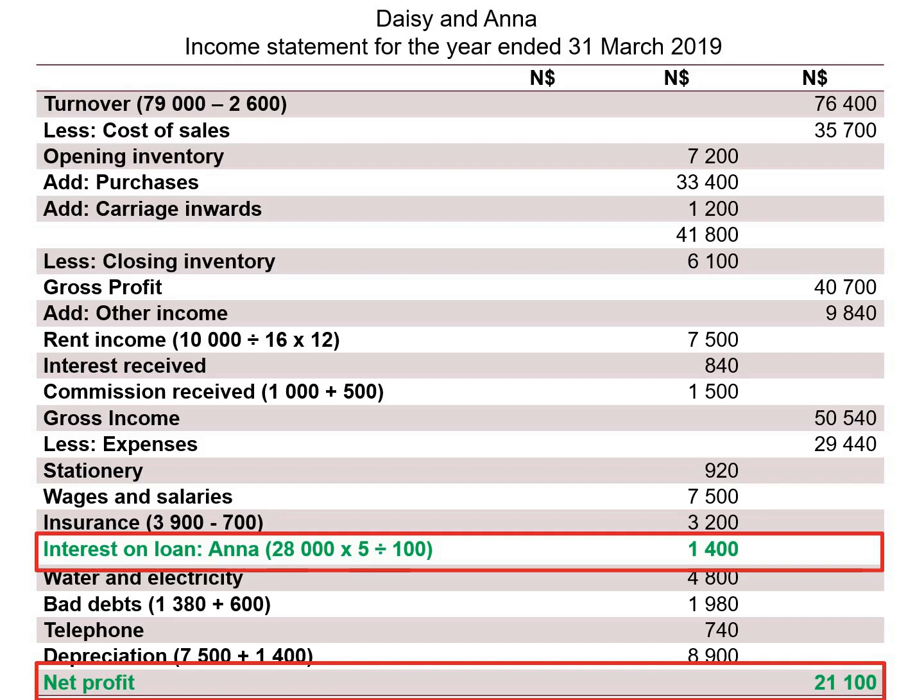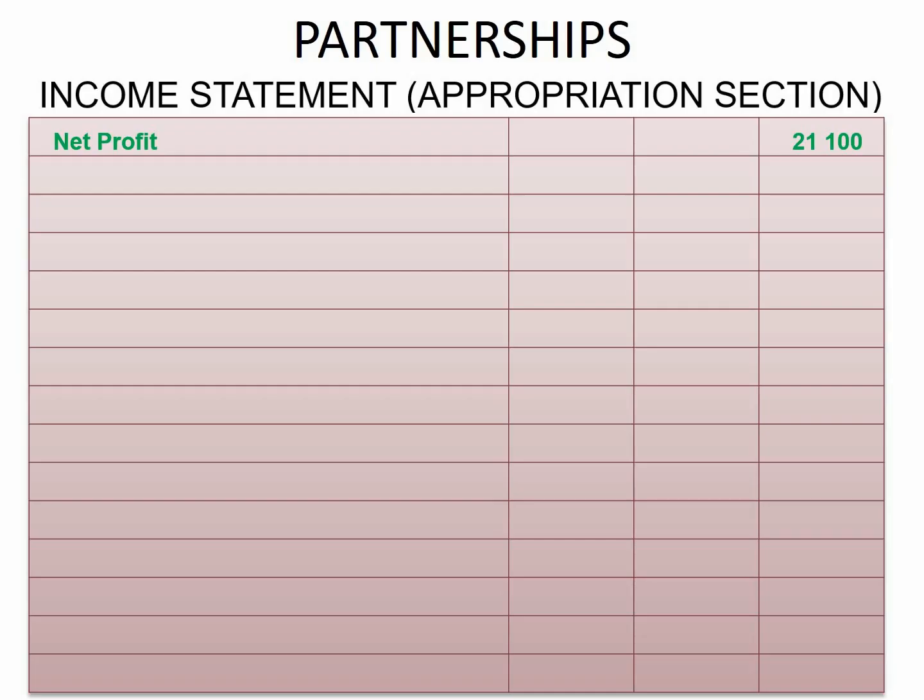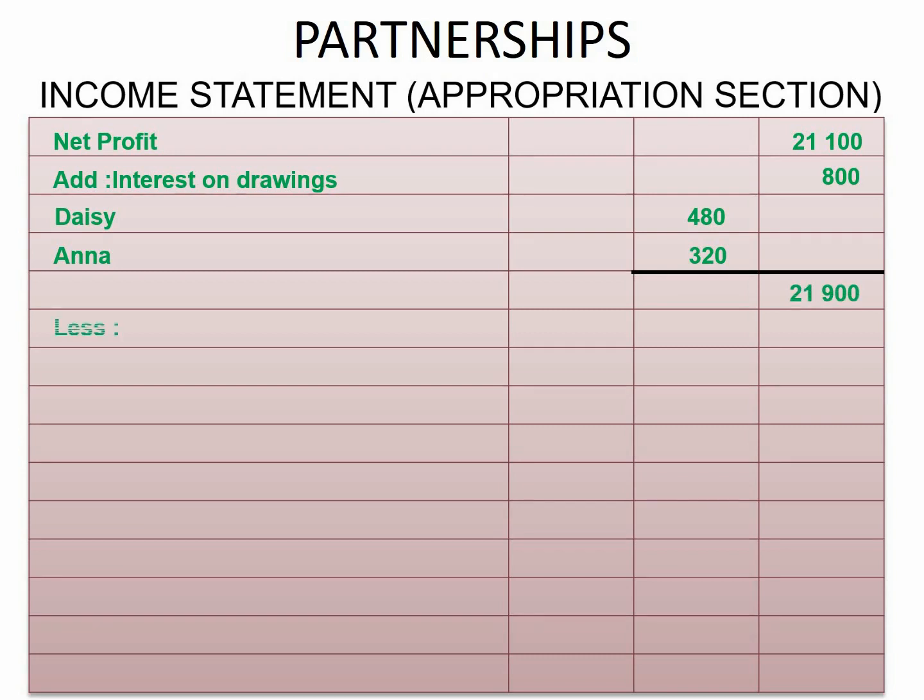Now, in our appropriation section, we'll start with our net profit and then we'll add interest on drawings. Once we add up our interest on drawings, we'll come to 800. Then we'll add those two amounts and then we'll get 21,900. Now we need to subtract the following. We need to subtract the salary for Daisy and then we need to subtract our interest on capital.